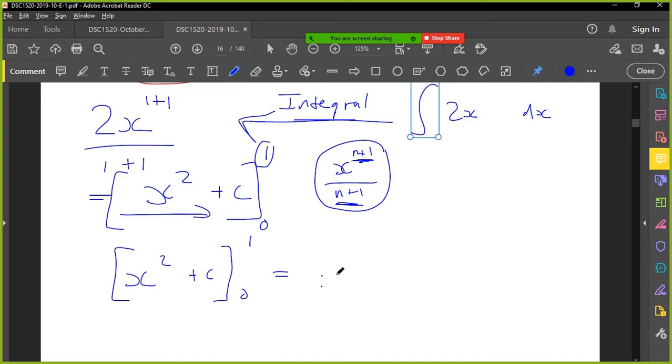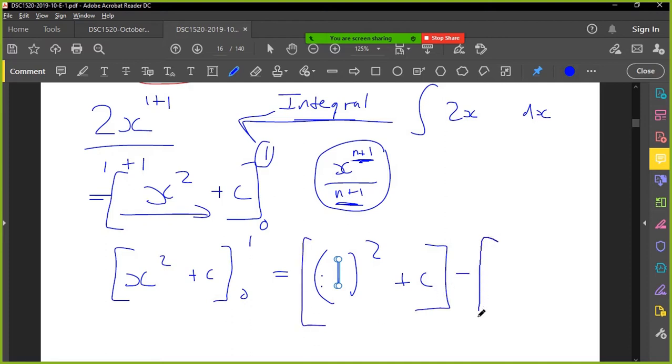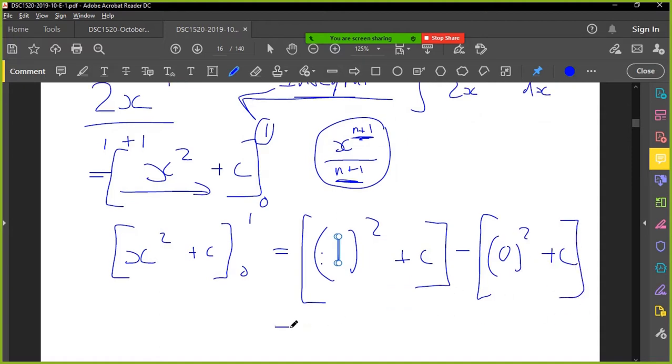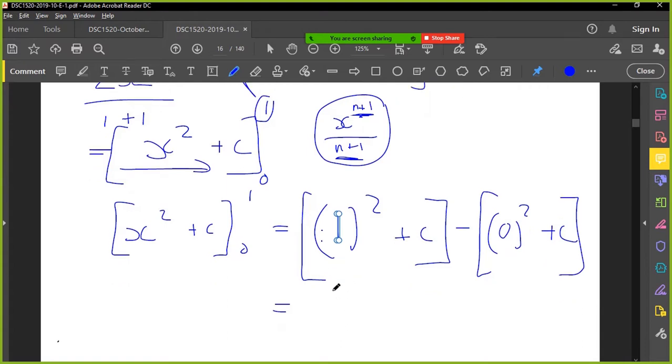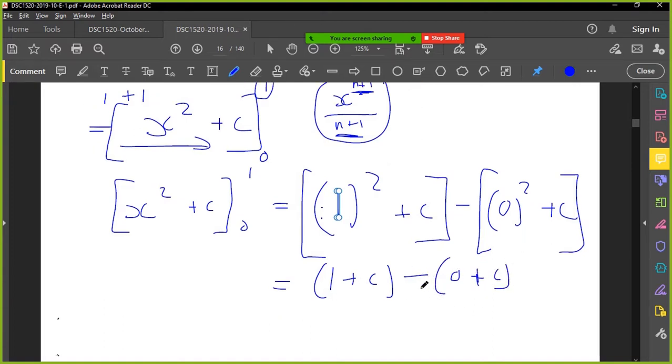This would equal 1 squared plus c, okay, minus 0 squared plus c. Okay, so obviously 1 squared is 1, so 1 plus c, okay, minus 0 plus c. Okay, obviously a plus c and a minus c gives you a 0, so you're left with 1. Does that make sense? Okay, yeah.